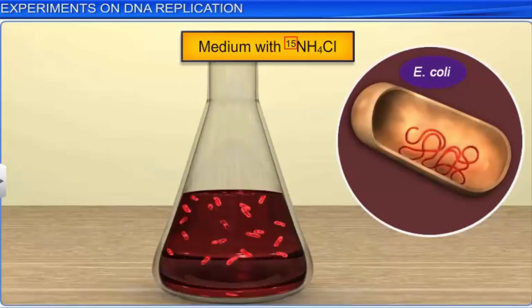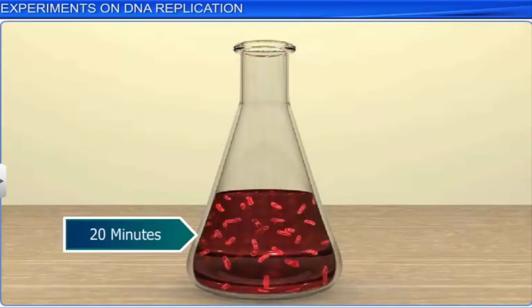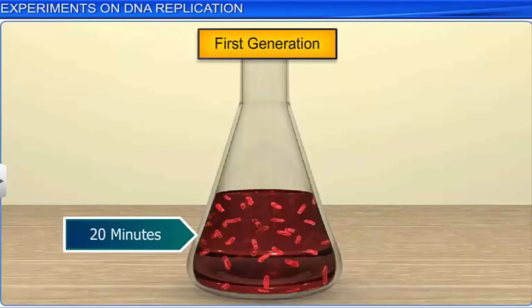N15 isotope is a heavy isotope of nitrogen, but it is not radioactive. Many generations of E. coli were bred in the same medium, which was not too hard to achieve since a new E. coli generation arrived every 20 minutes.